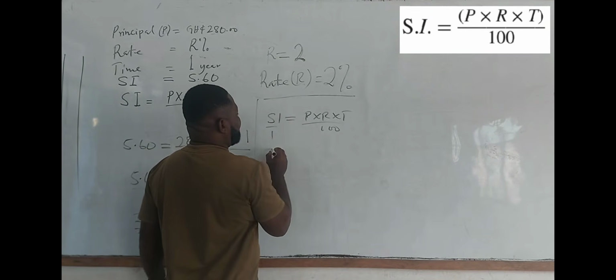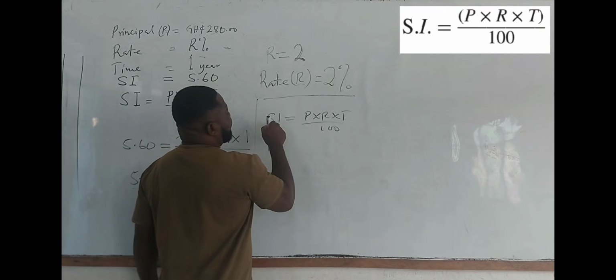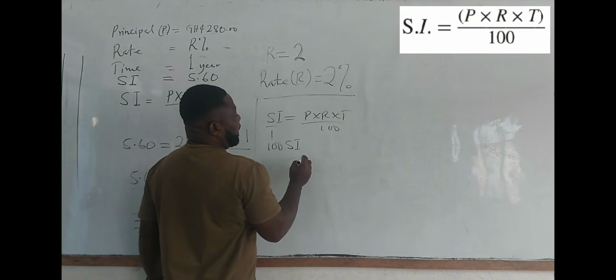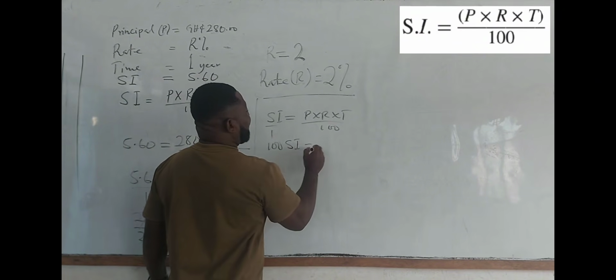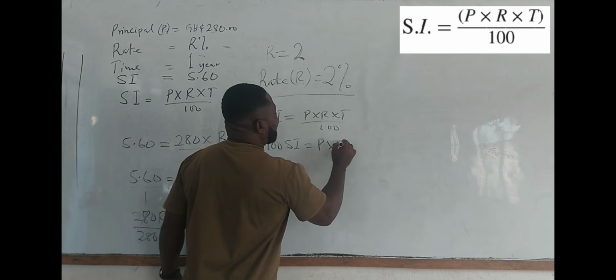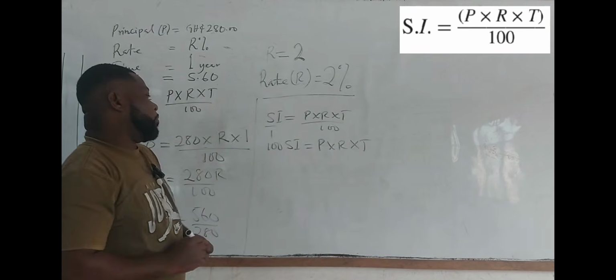So we are going to have 100 multiply the simple interest. So it becomes 100 SI, right? Then this one multiplies this. We are going to have P times R times T, right? So this is how it's going to be.